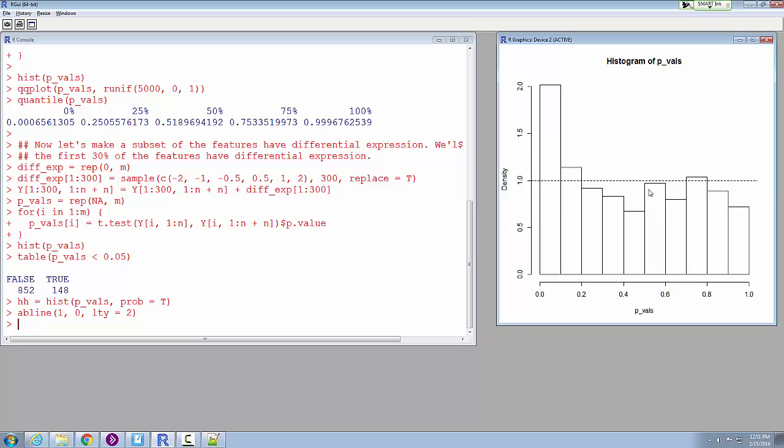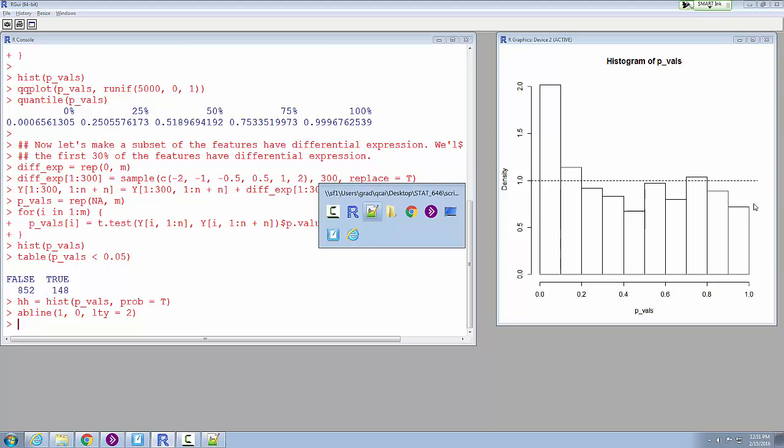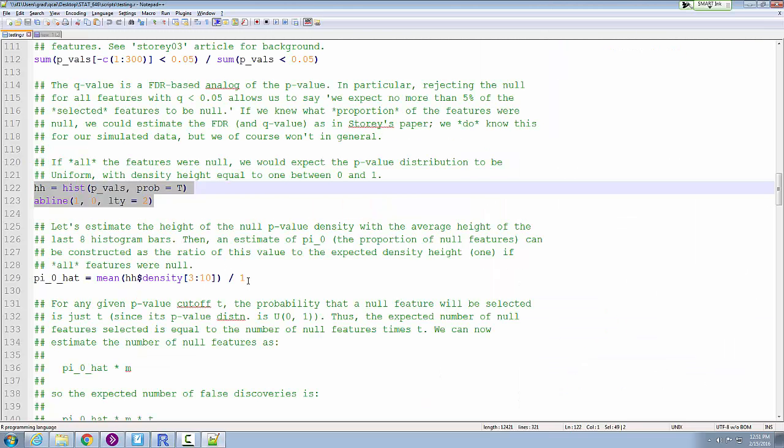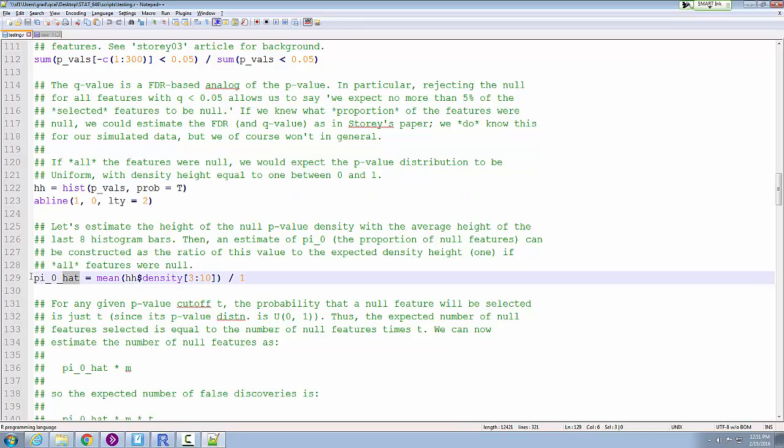That's what I expect the height to be if there was absolutely nothing interesting in these data. So if we estimate the average height of the flat part, that's this pi 0 hat. I want to estimate that.